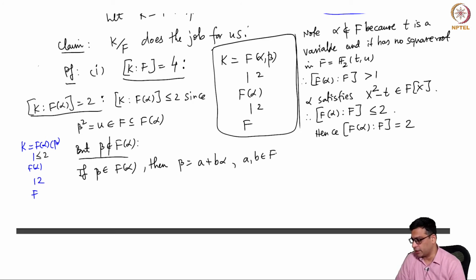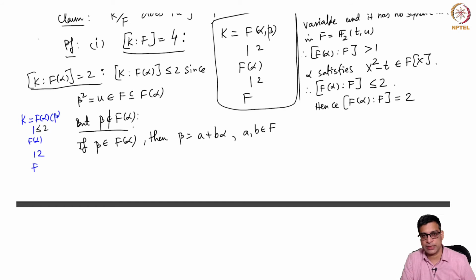This is a standard argument, but I will work through it because maybe I have not explicitly done this before. We have this because F(alpha) is a vector space over capital F with basis 1 and alpha. Now let us square both sides. First let me get rid of trivial cases.